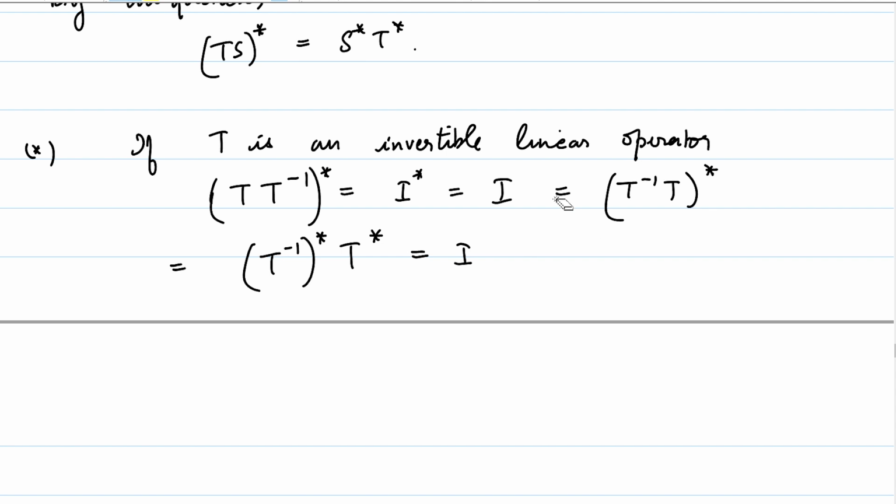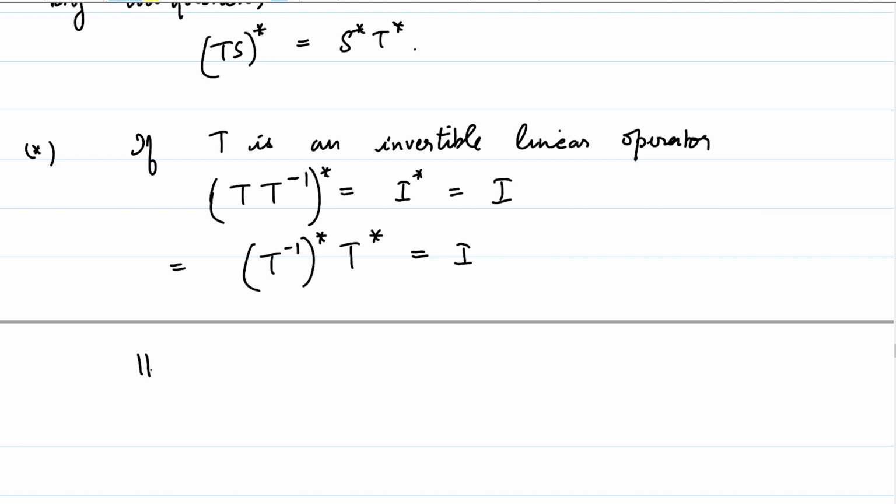Or maybe I shouldn't do that, one at a time. So if T is from V to W, I'll not bother writing down the domain and range. Let me see, T is from V to W, then T inverse T will be the identity of W. So this is going to be the identity there.